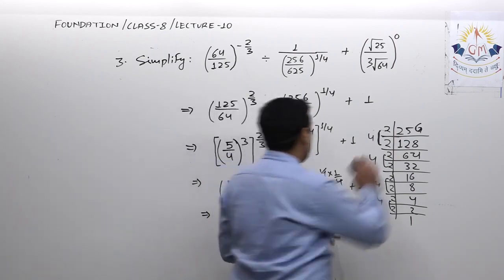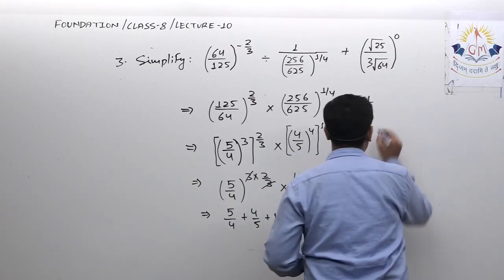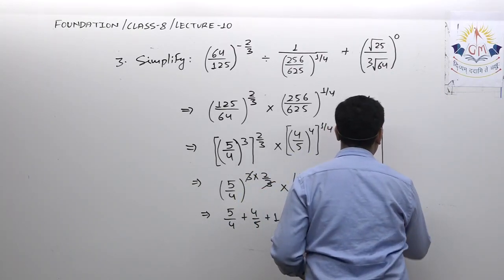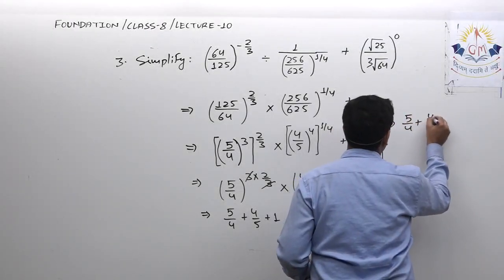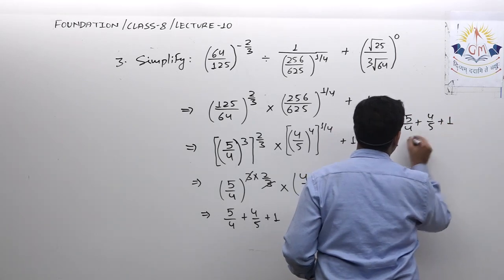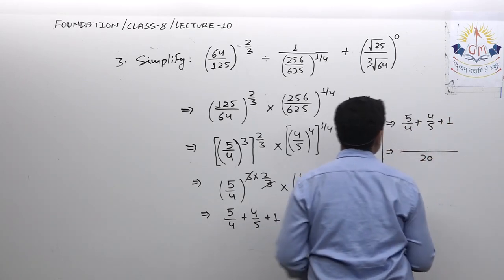Okay, this is almost done. Now the only thing left is that I have to add these. So let us see over here. It is 5 upon 4 plus 4 upon 5 plus 1. So here LCM will be 20.